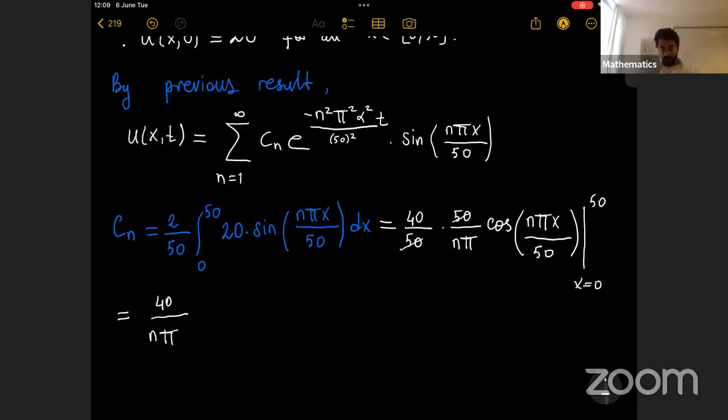You plug in x equal to 50, so it's going to be cosine(nπ) minus, you plug in 0 here, so it's 1.